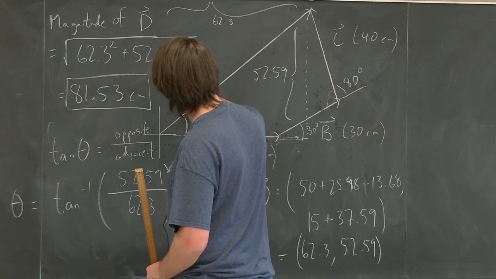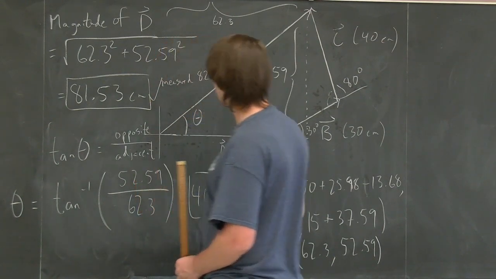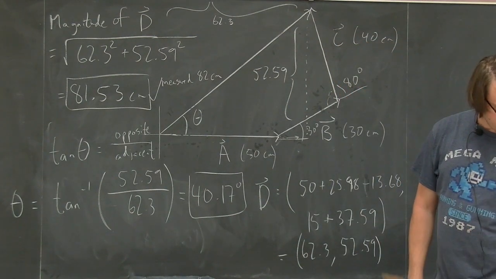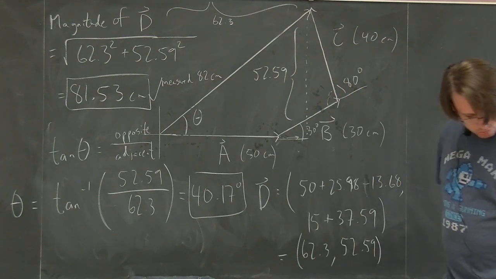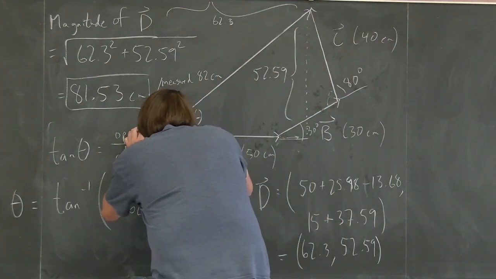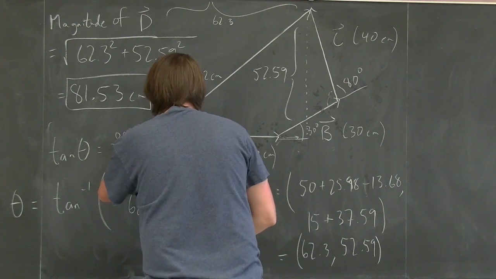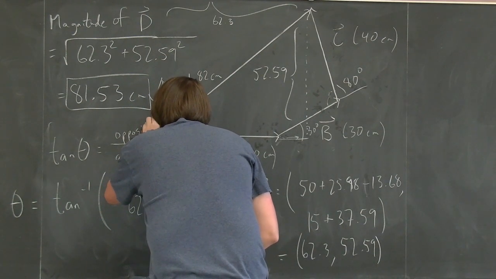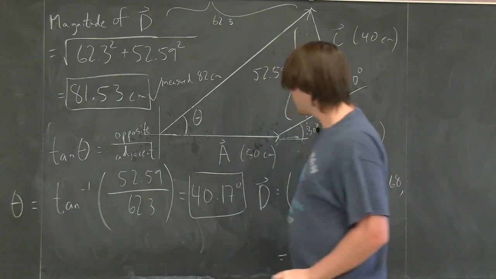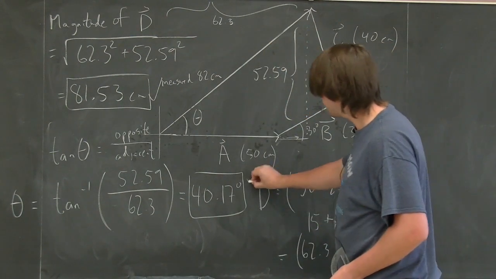So measured 82, so we'll put a check mark next to that one. And now we want to measure the angle. And yeah, right on 40 degrees. So to the closest measurement that I can get, right on 40 degrees. So both worked out very well.